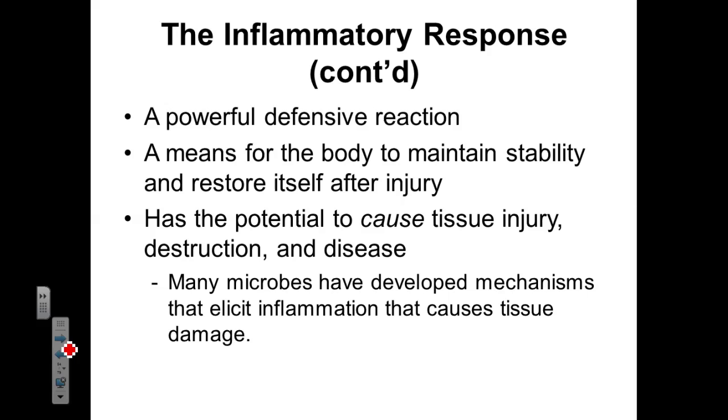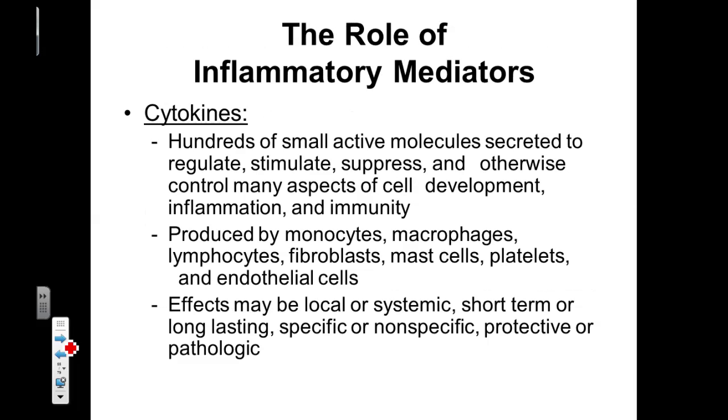Inflammation will allow our body to maintain a stable homeostatic environment and speed the response as we heal ourselves from an injury. Inflammatory response, though, can cause tissue injury if it's overstimulated. So if we look at specific microbes, some of these specific microbes are actually going to cause damage to our body by eliciting excess inflammation and then have additional cells that they can use for a source of nutrition.